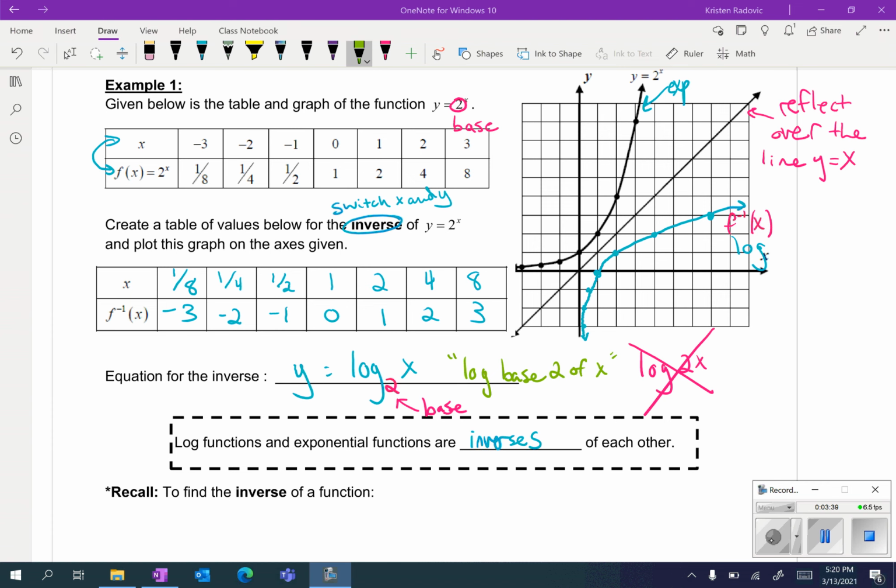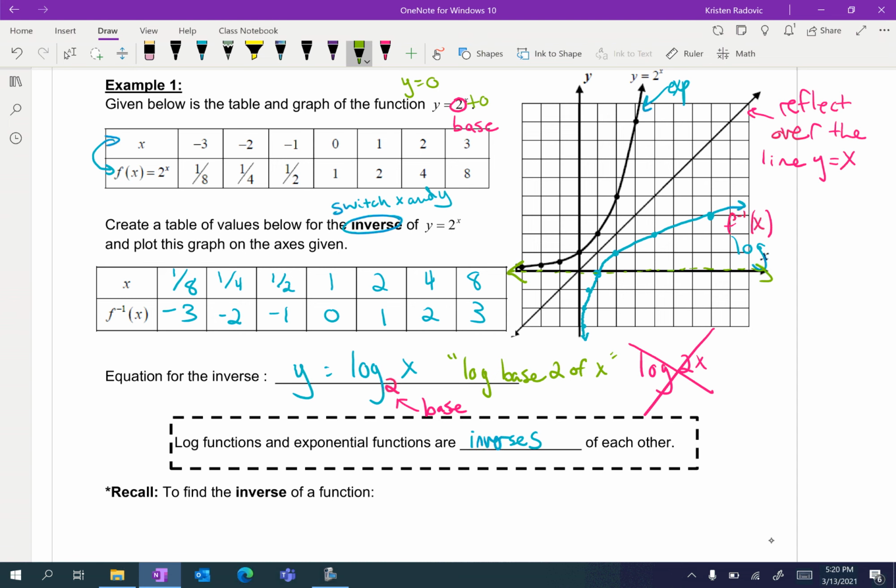Now, looking at the graph, the exponential equation has an asymptote, right? There's no shift going on here, so it's a plus 0. And that means your asymptote is going to be y equals 0. It's going to be the x-axis.